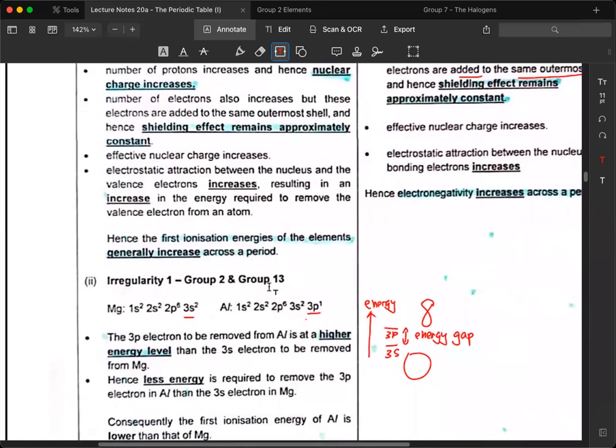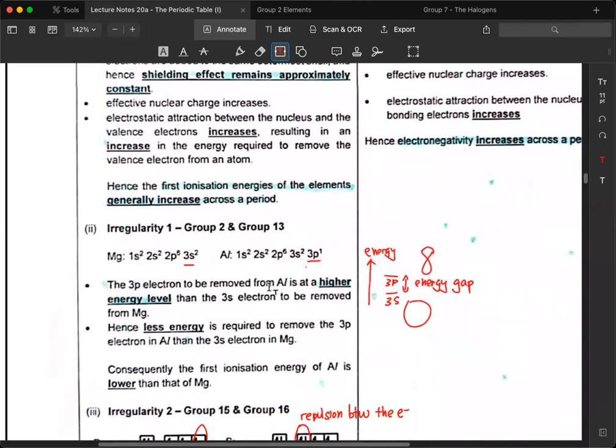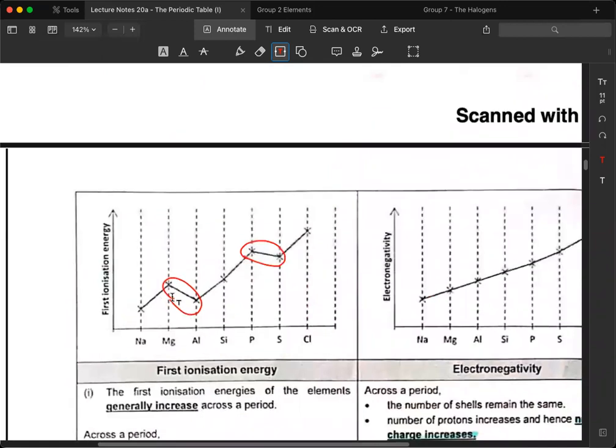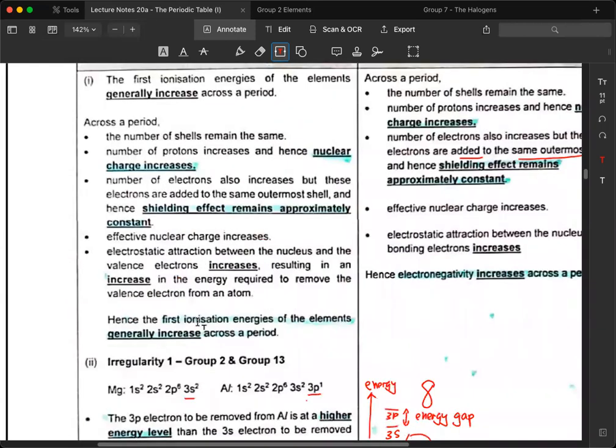So in general, the first IE of elements increases. However, there are some irregular characteristics to be observed. For example, between magnesium and aluminium, between group 2 and group 13, the discrepancy is that instead of having the first IE of aluminium greater than magnesium, we have it even lower.